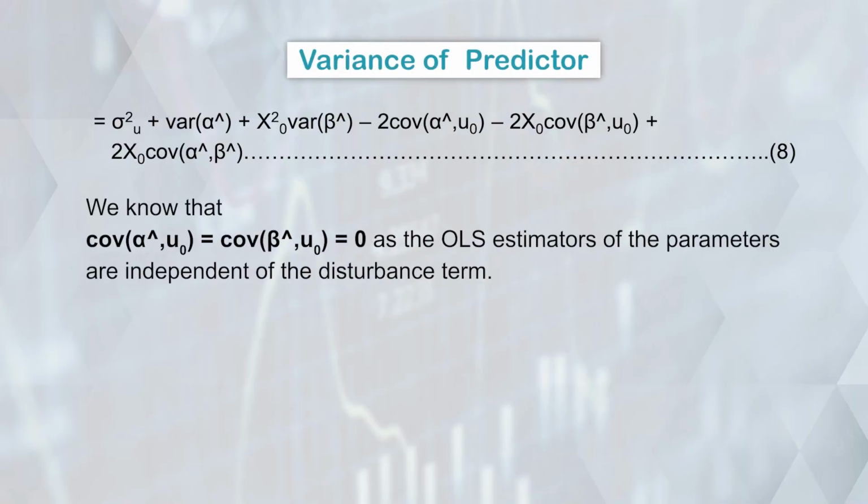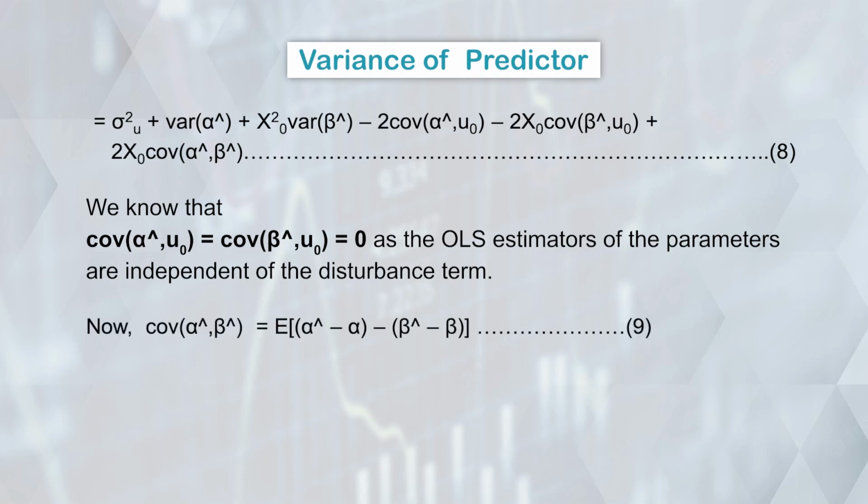So by putting the covariance equal to 0, we are left with only the covariance of alpha hat and beta hat, which will exist, but the other covariance terms will become 0. That is what we do in this slide. We put all other covariance terms as 0 because there is no relationship between the independent variable and the error term. But we have the covariance of alpha hat and beta hat.